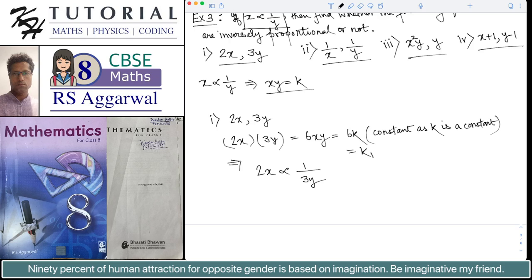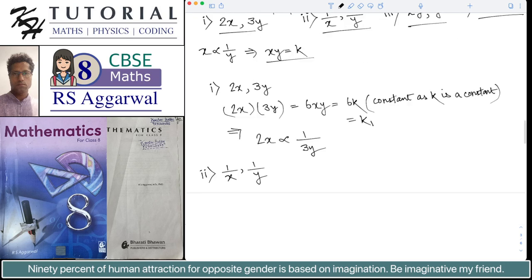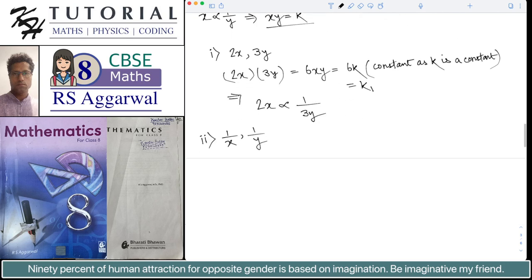Let's see part 2. The quantities are 1 by x and 1 by y. The concept is similar. We will try to see whether their product is a constant or not.